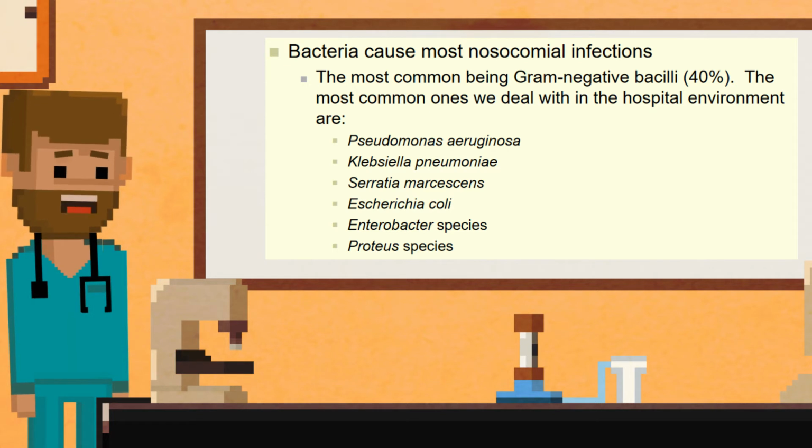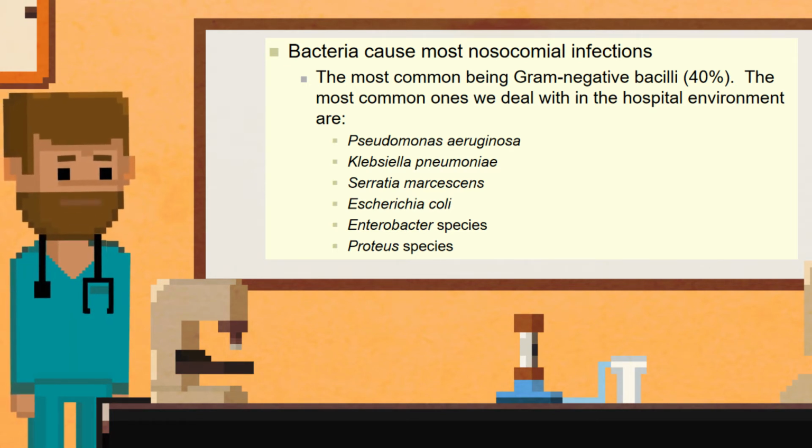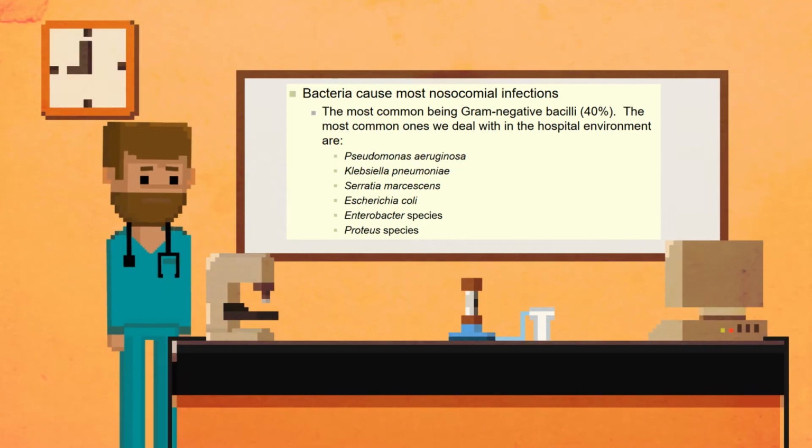The main ones that we mentioned in class are Pseudomonas aeruginosa, Klebsiella pneumoniae, Serratia marcescens, Escherichia coli, Enterobacter species, and Proteus species. And then gram-positive cocci account for some of the nosocomial pneumonia, mainly Streptococcus pneumoniae and Staphylococcus aureus.